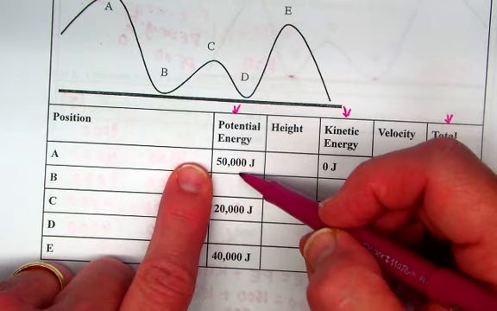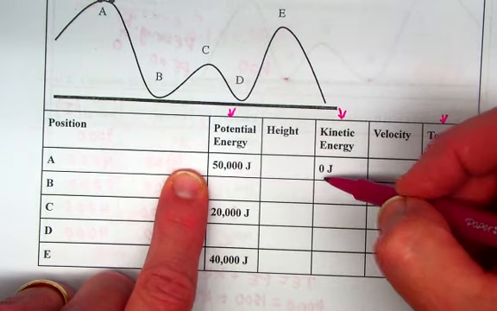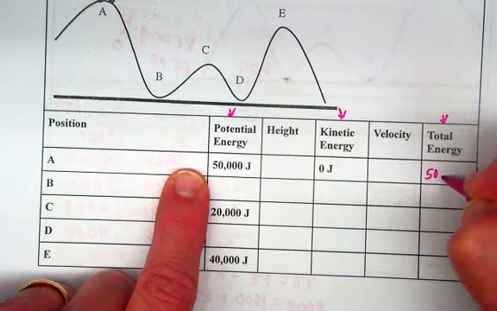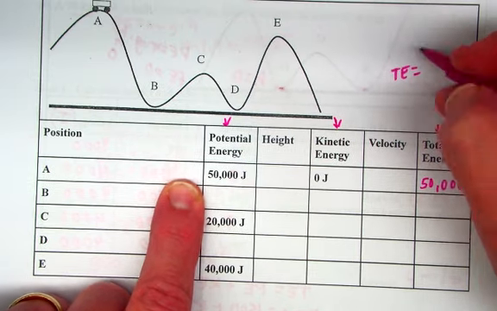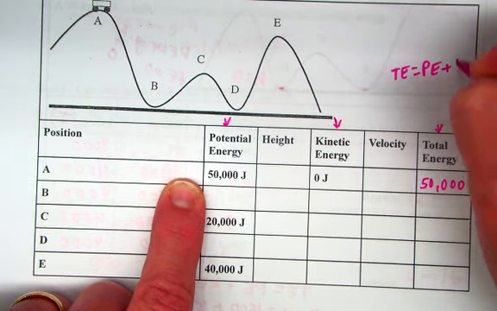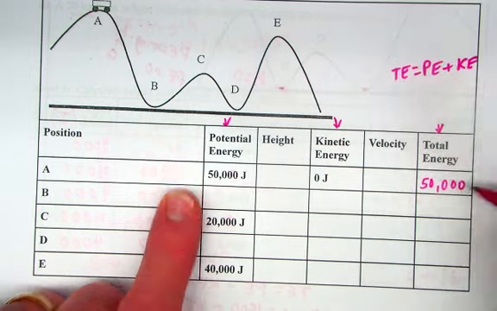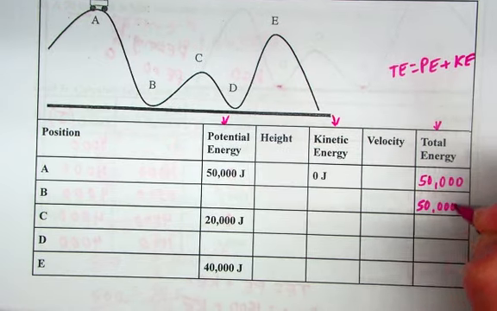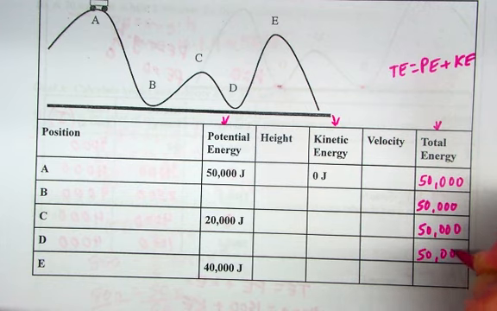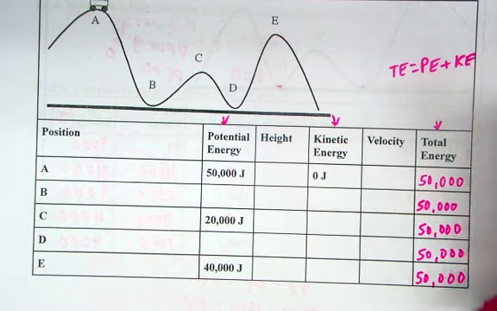So 50,000 joules of potential, kinetic is 0, so we add them up, because remember, total energy is just the two kinds of energy added up, potential plus kinetic. Once you know the total energy here, you know it everywhere because of the conservation of energy. The energy is 50,000 at the top, at the bottom, halfway up, everywhere.